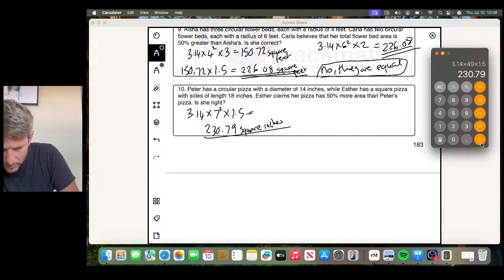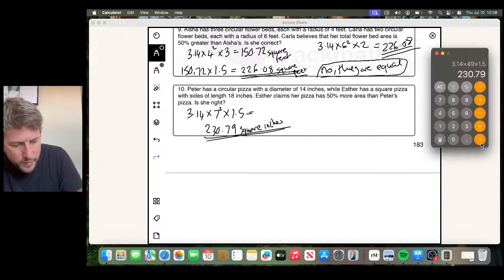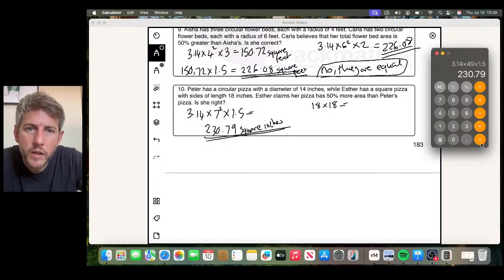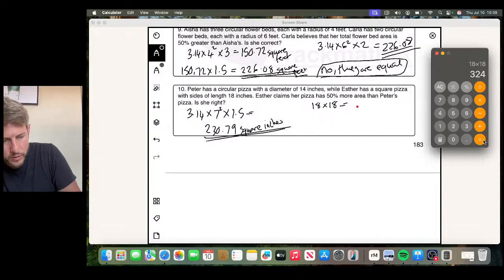Inches. Okay. And then Esther's is going to be, it's a square, so square area is side length times side length. So we've got 18 times 18. Okay. And so we've got here 18 times 18. And that's 324 square inches.